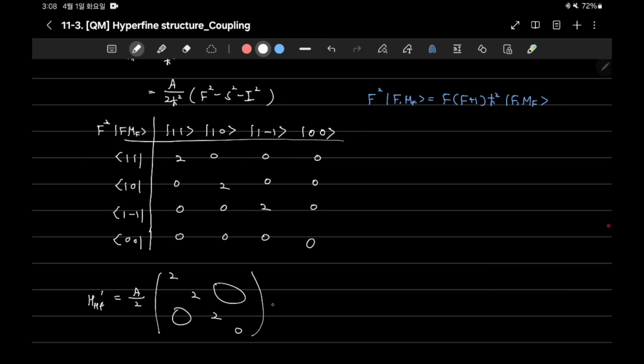And secondly, minus a half times s square.